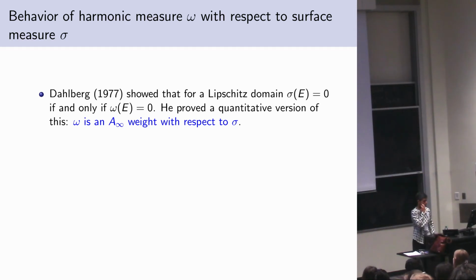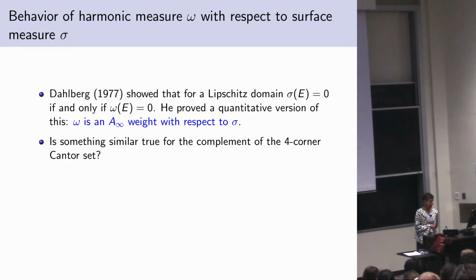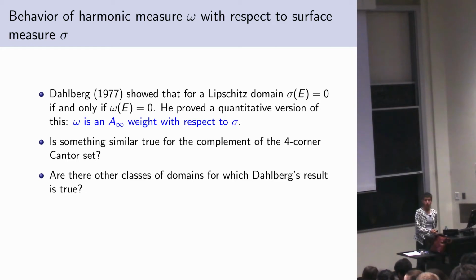And so here is what happened. In 1977, Dahlberg proved that for Lipschitz domains the length and the harmonic measure are mutually absolutely continuous. Okay? That means if one has measure 0, the other one has measure 0, and there's a little bit more. And the question is, does the same thing happen for the 4-corner Cantor set? Are there other domains?